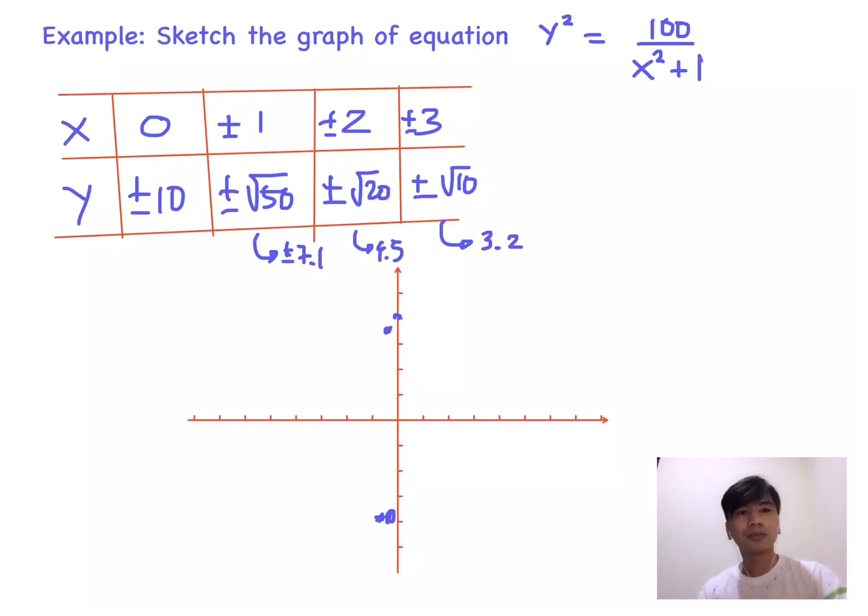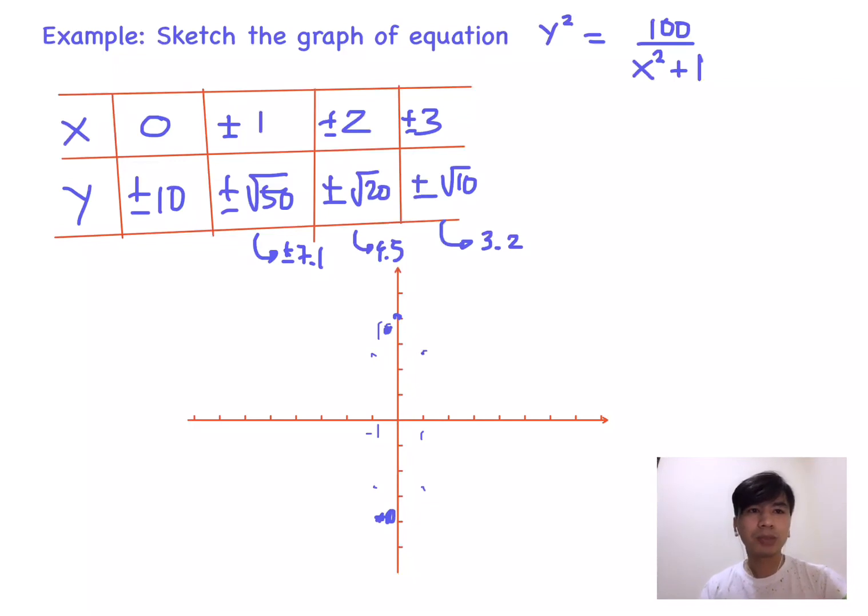Based on what we have, this is plus or minus 10. When we have x equal to 1 and negative 1, we get around 7.1, so probably around here, and it works also for here.